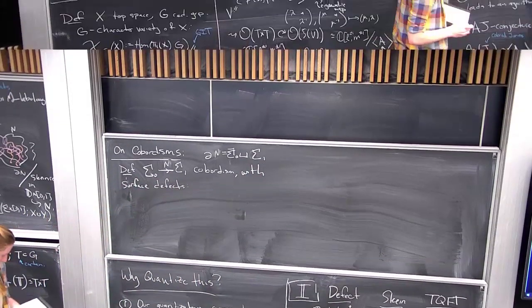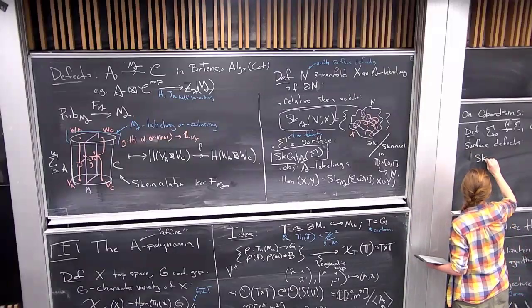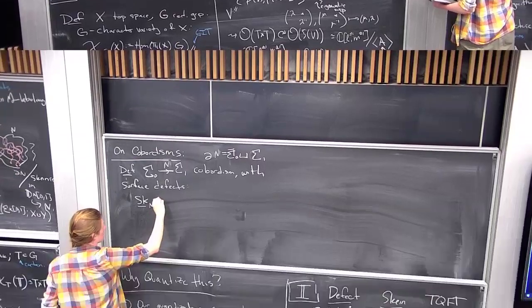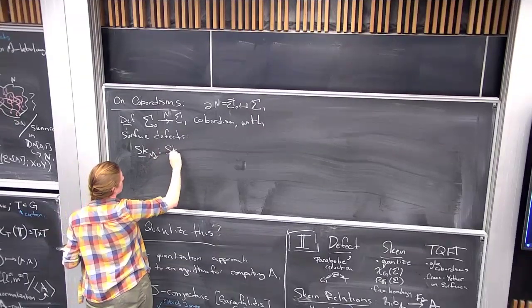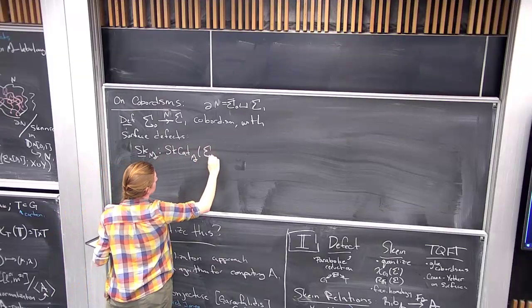What I have here now is I'm going to make a functor like this, from the stratified skein category from 0 up.